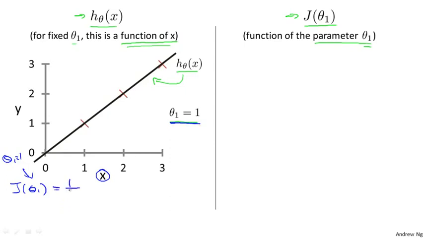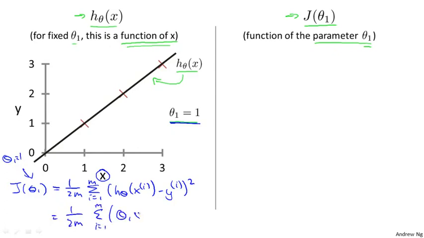Well, as usual, my cost function is defined as the sum over my training set of this usual squared error term, which is equal to the sum of (theta 1 x_i minus y_i) squared. And if you simplify, this turns out to be 0 squared plus 0 squared plus 0 squared, which is, of course, just equal to 0.